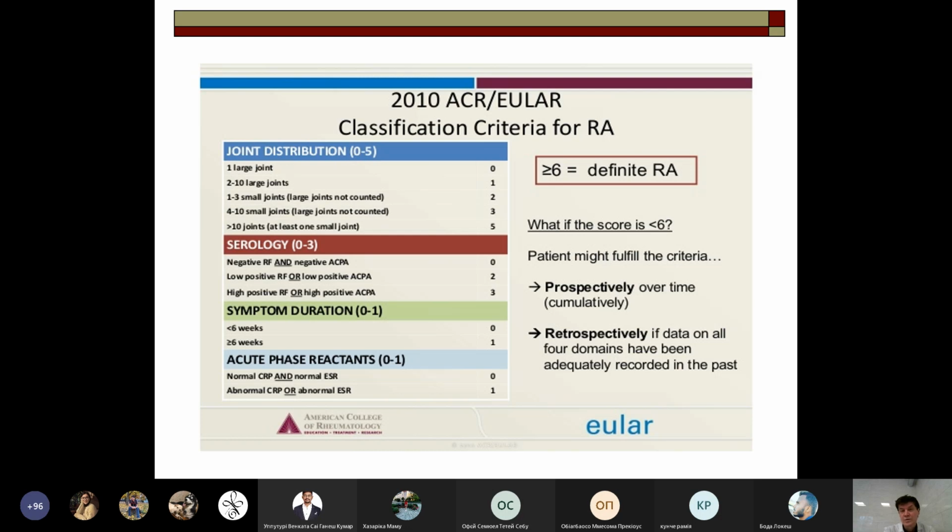It is simple and easy to use in routine clinical practice. If you don't want to install the program on your smartphone, please use the internet, with free access on the ACR or EULAR site, or both.